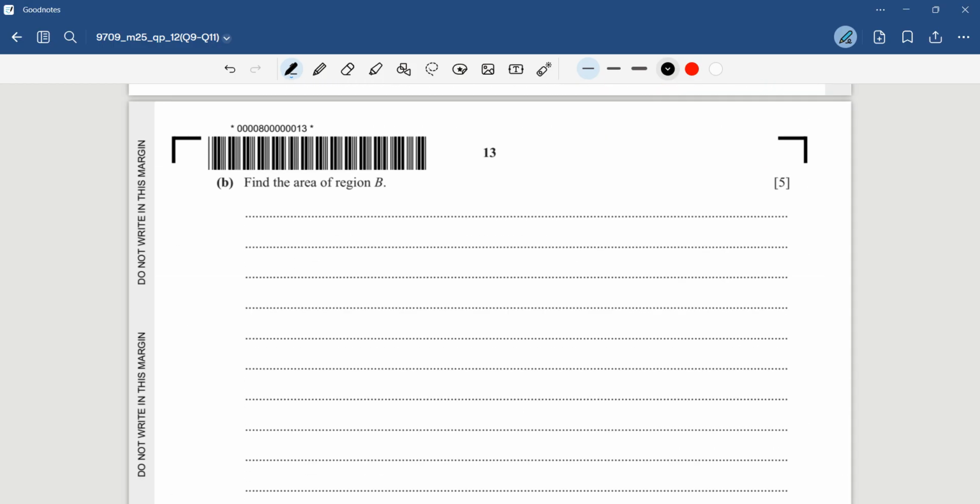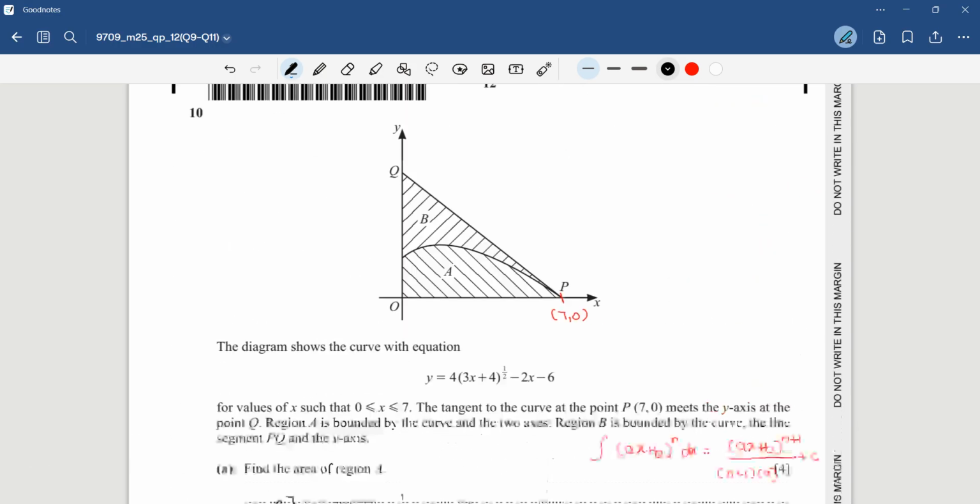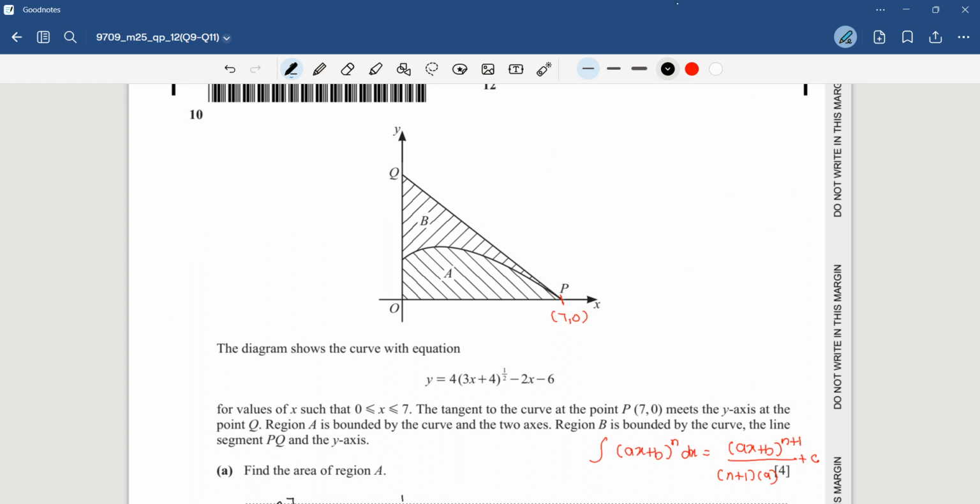Okay, for B, find the area of region B. In order to find the area of region B, I need to find the whole area first, the area of the triangle, minus the area of region A. In order to find the area of the triangle, I need to find the Q coordinate, so I can use the triangle formula, easy for me.